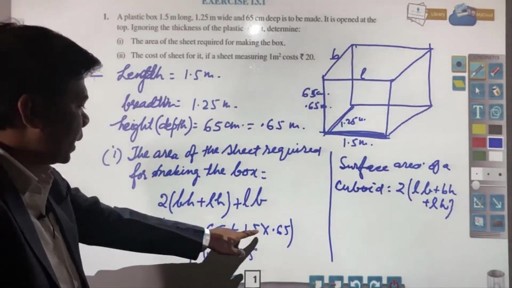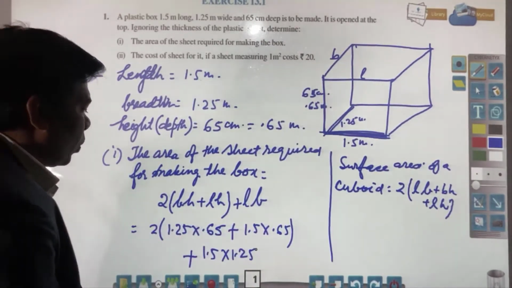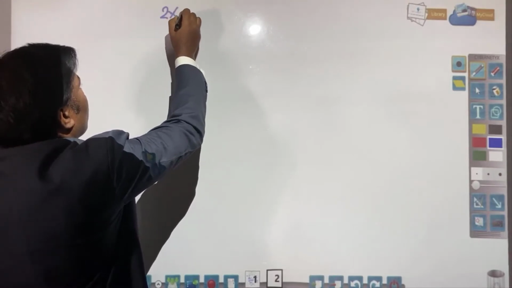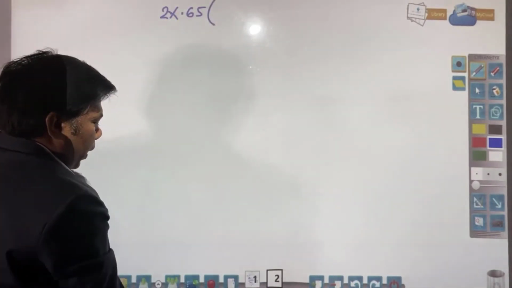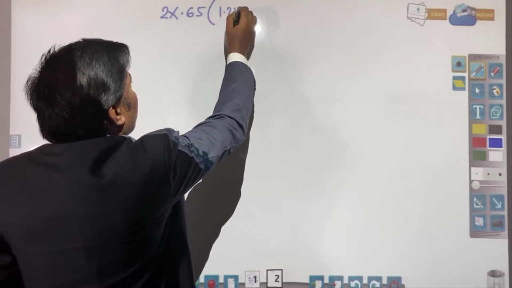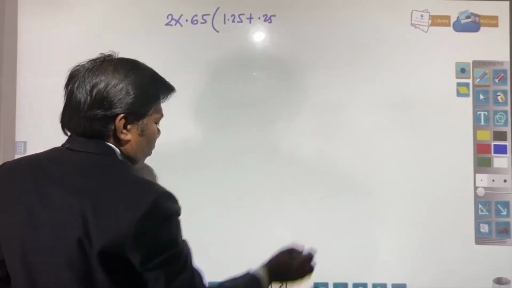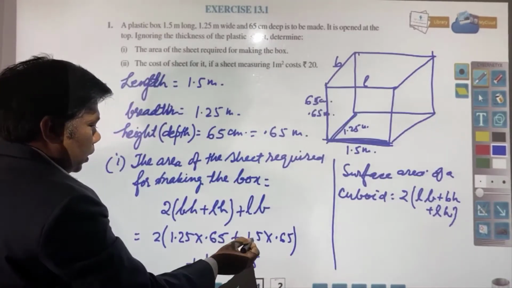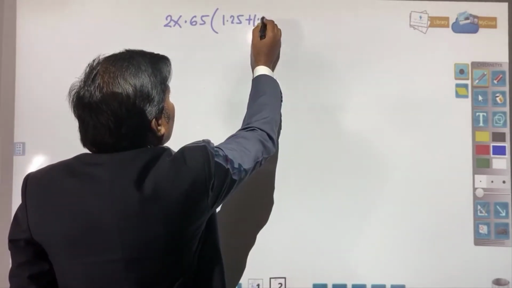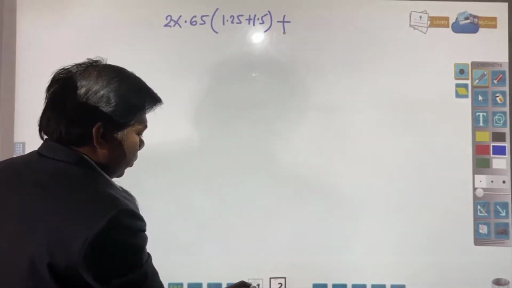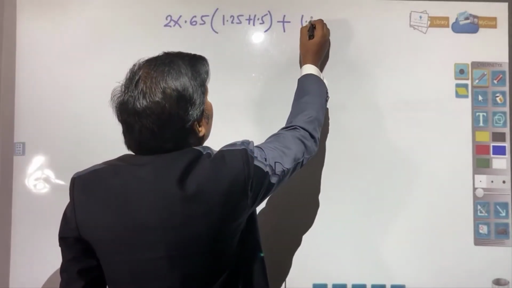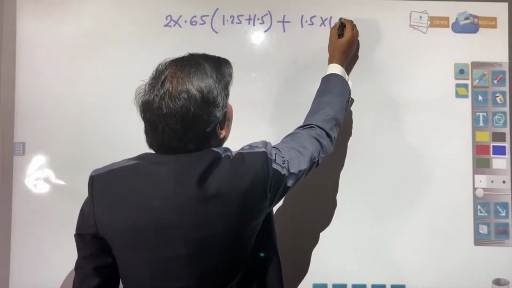Here you can see 0.65 is common. So 0.65 can be taken out common, and this can be written as 2 into 0.65, and then you will have 1.25 plus 1.5, and plus we will have 1.5 into 1.25.